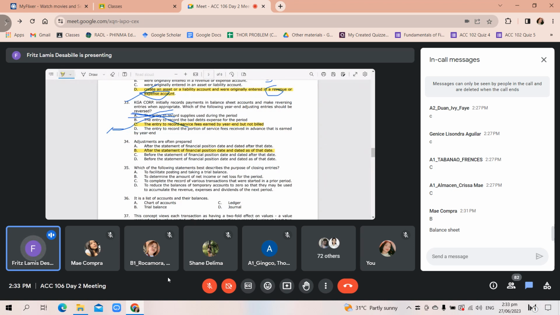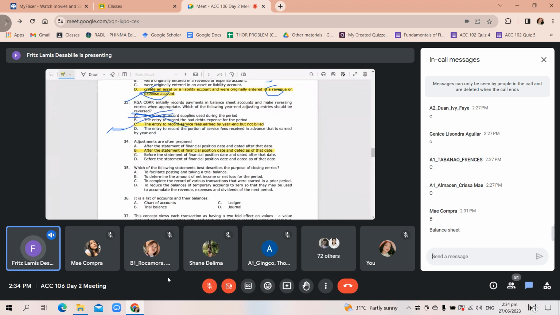And dated as of that date, correct. Okay. So it cannot be dated after that date, because if it is dated in January, it would go into January. It should go into December.